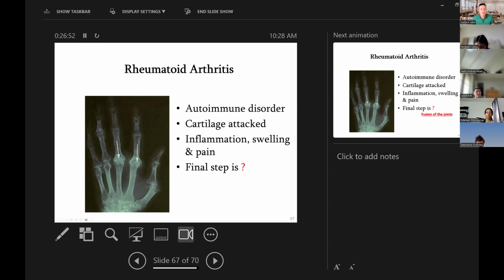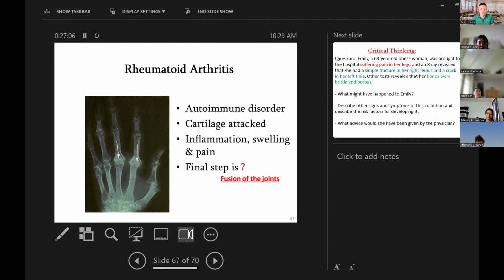We're going to have inflammation of the joint. We're going to have swelling and pain at the joint. And eventually, when you don't have any cartilage anymore, the bones will start fusing together. Because this is what happens when you have bone against bone and touching directly. Our body thinks that there was a fracture and that we need to repair the fracture.